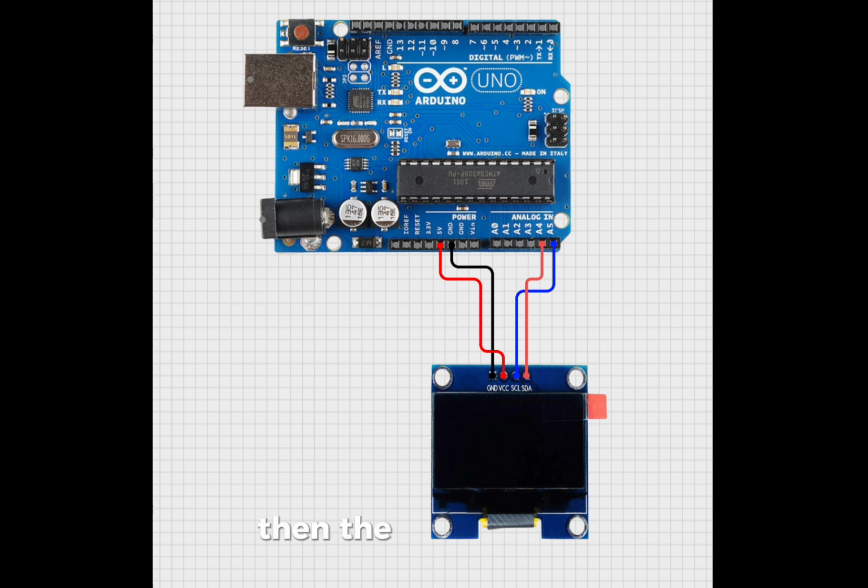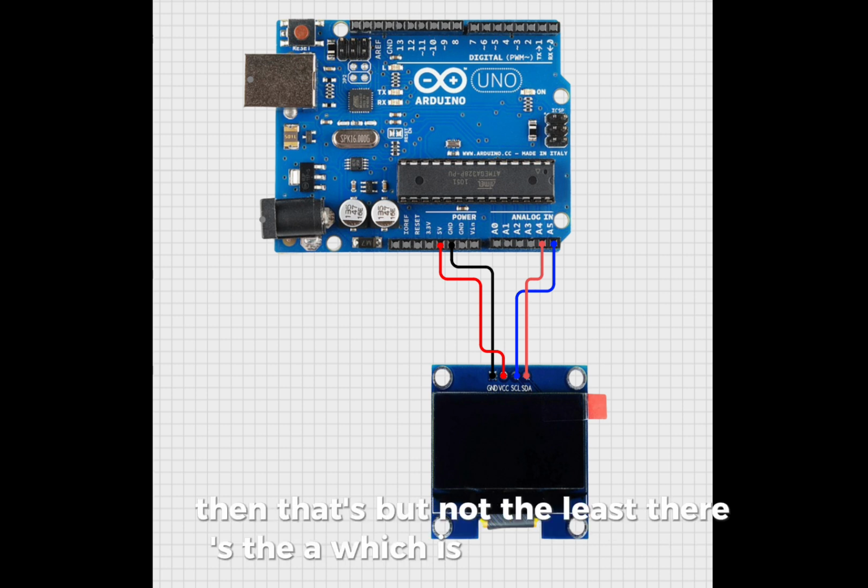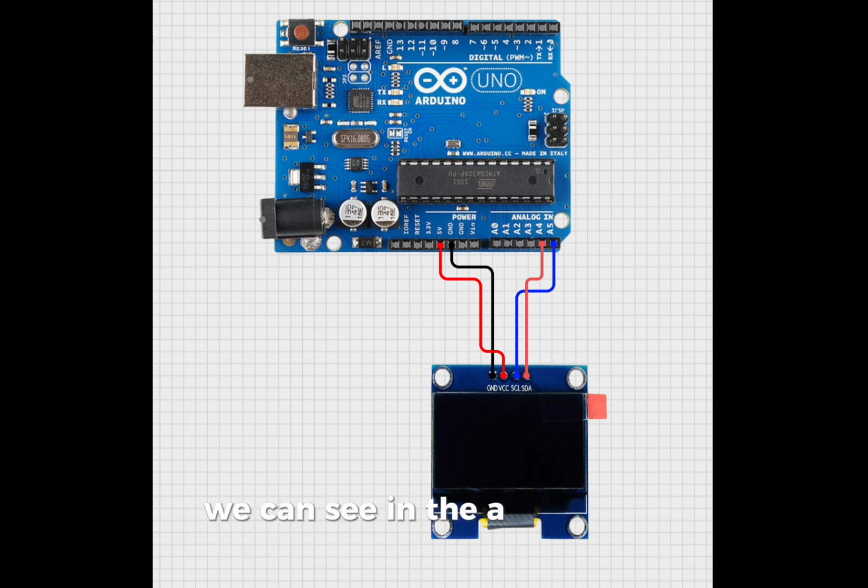Then the SCL, the blue one, is connected to the A5 or analog 5 or analog input of the Arduino. Then last but not the least, the SDA, which is connected here, we can see in the A4 analog input of the Arduino. So that's it.